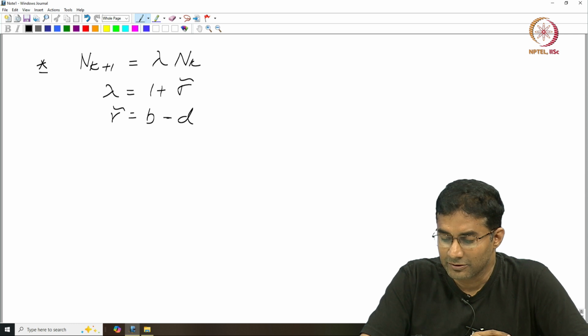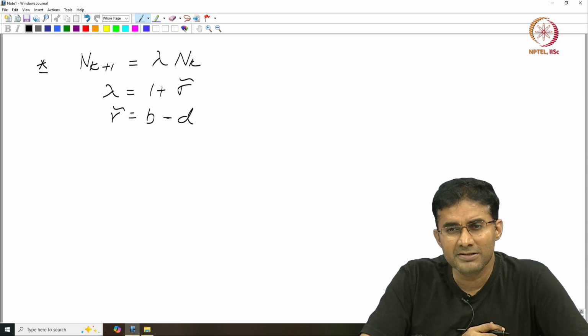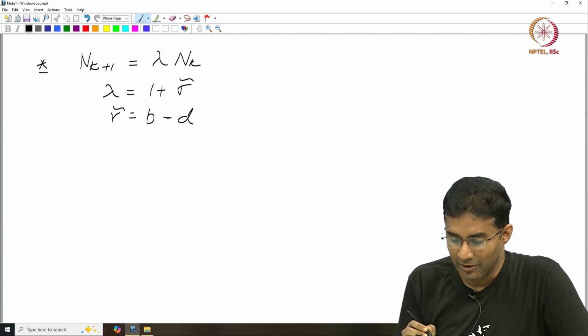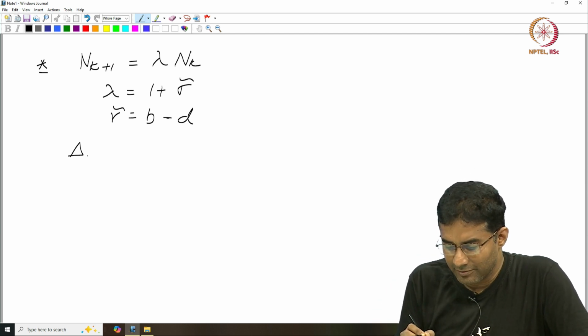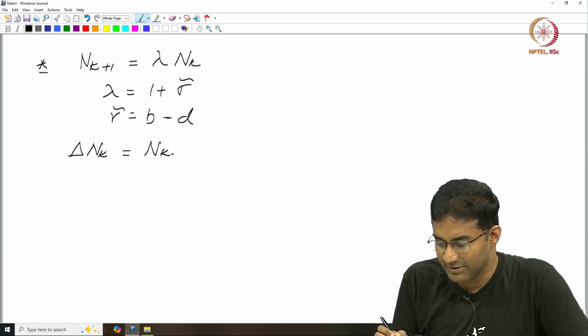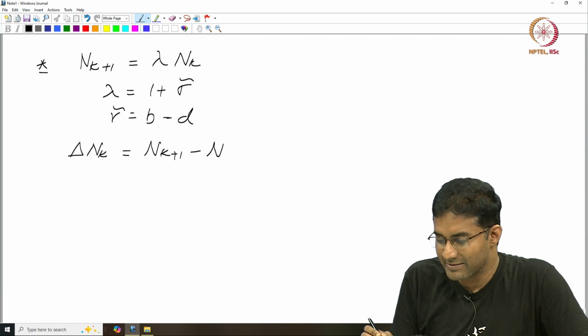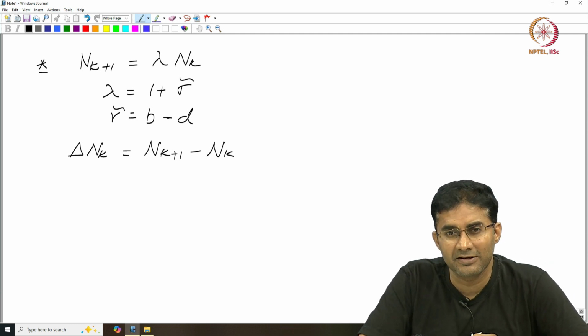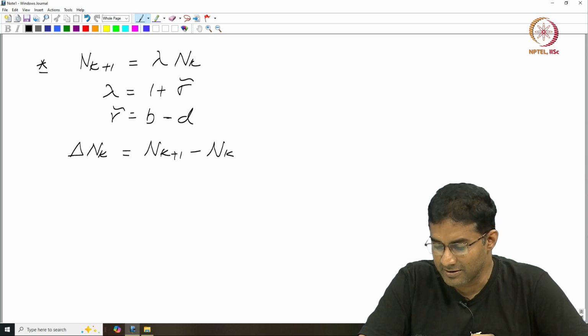Okay. So, now ecologists are often interested in understanding how populations are changing at a given point in time. So, if I were to write down the change in population size at the kth generation, I can write this as the population size at the k plus 1th generation minus the population size at the kth generation, right.